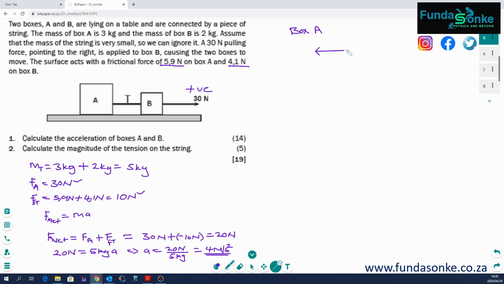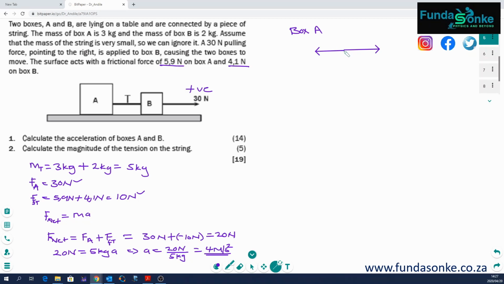Then we are going to have force from the tension of the string pulling our box A to the right, like that. In this case, we know what the mass of box A is, and we have already calculated the acceleration. So again, we consider Newton's second law.